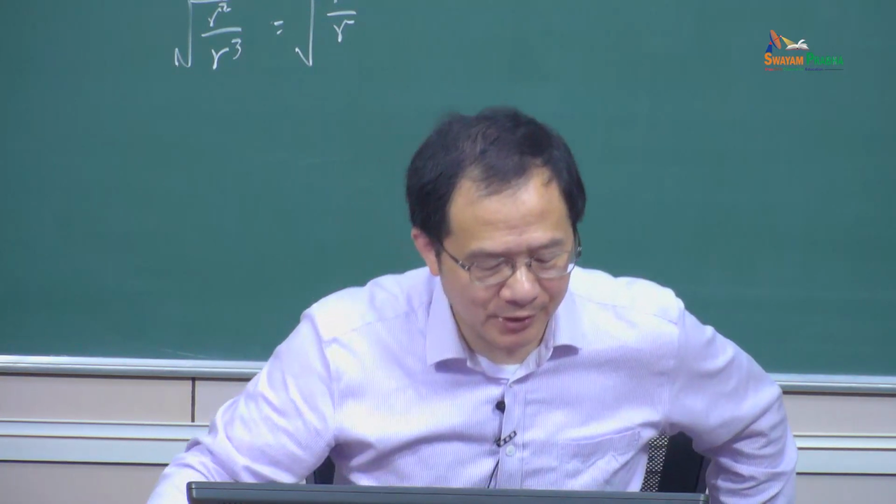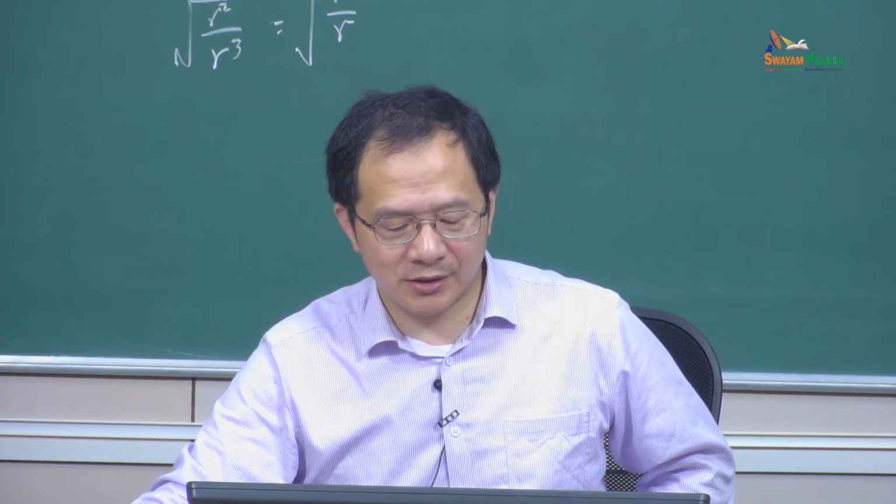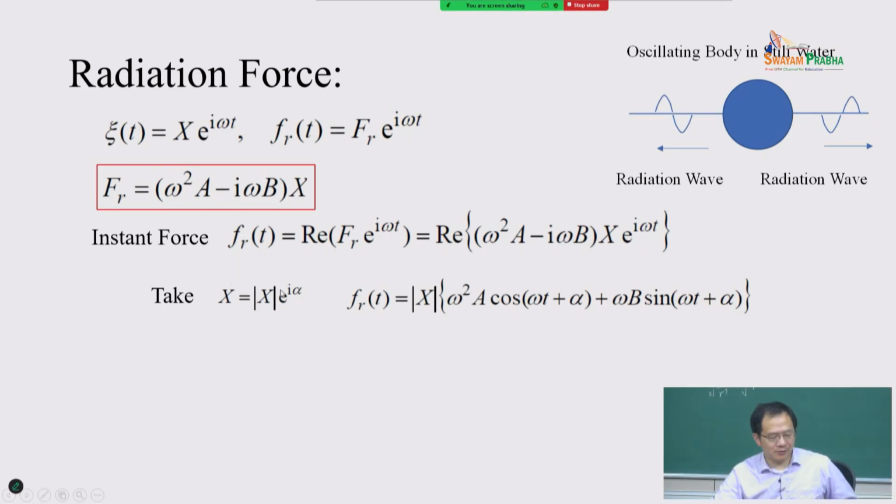Such a complex number has a real part and an imaginary part put together. What does that mean? At an instant in time, the force has real and imaginary components. This complex number is the total force, and you take the real part, so the instant force has a real amplitude and also some phase alpha.